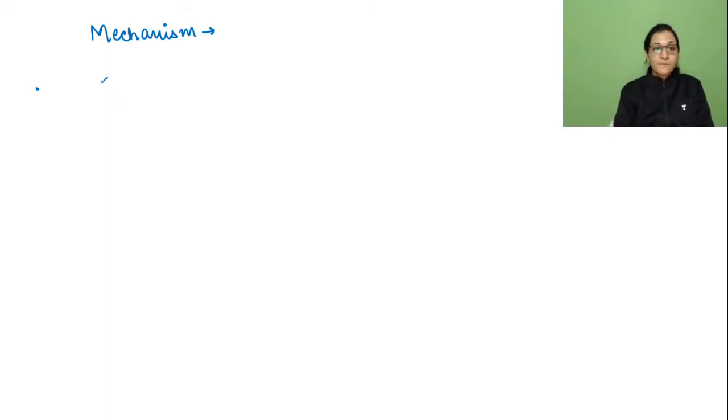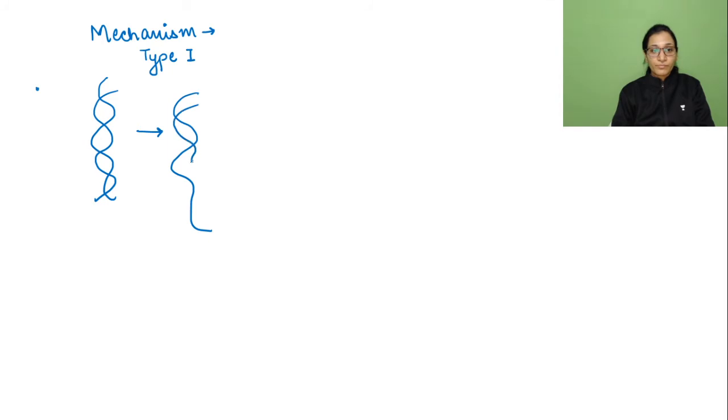If this is your DNA, we are talking about type 1. Here we'll be drawing for type 1. It has made this nick over here, and now the structure is going to become like this.